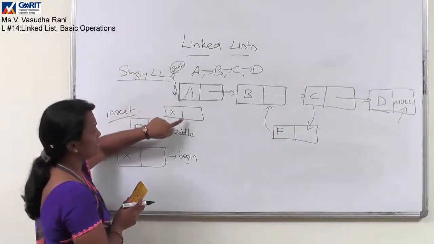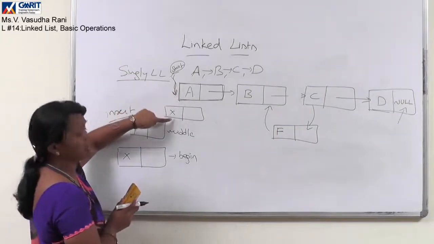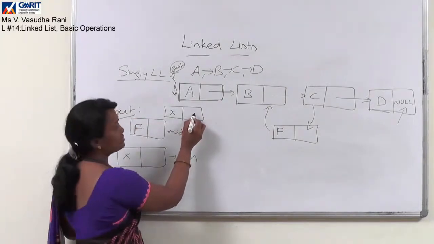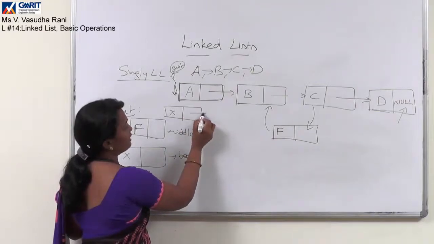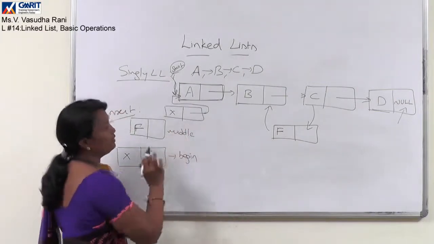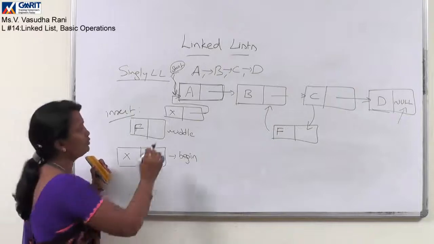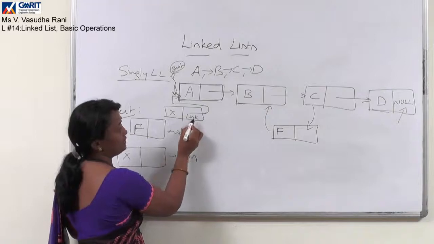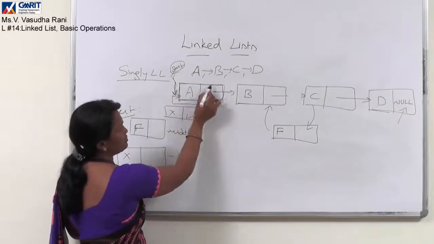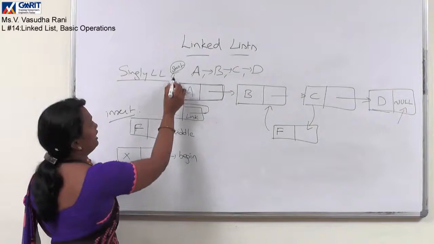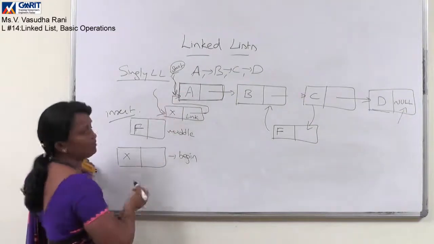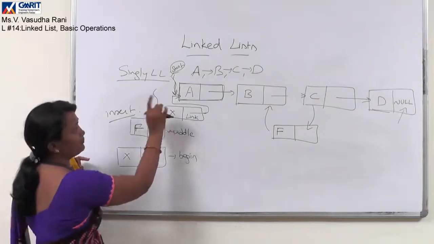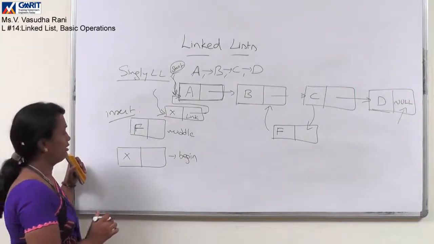Now the start pointer has to refer to our new node, and this X node needs to maintain the address of A in its link field. So two things we need to perform: the X link field should contain the address of the first node, and our start pointer should refer to X. By performing these two steps, we can insert a new node at the beginning of the singly linked list.